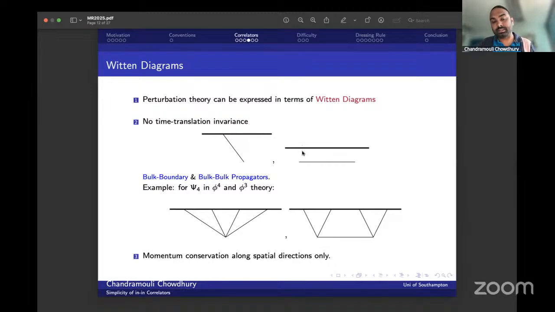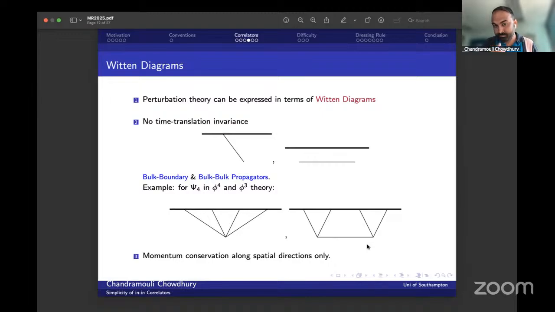And then this bulk-to-bulk is basically connecting 2 points in the bulk. So if I wanted to compute the 4-point wave function coefficient psi4 in something like phi4 theory, I would draw 4 lines with 4 of these points ending on the time slice, with any point ending representing a psi4. Similarly, in phi cube theory, I would have a similar diagram, but now I can have something which is getting exchanged in the bulk.